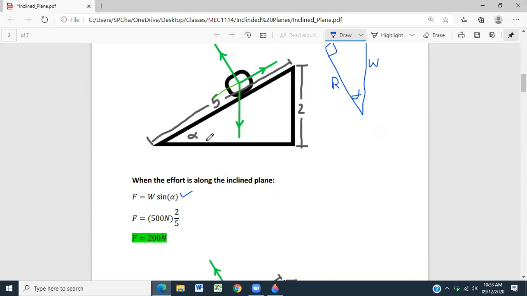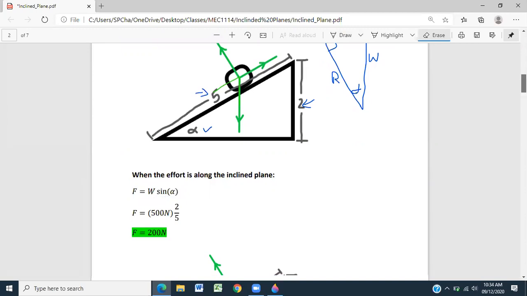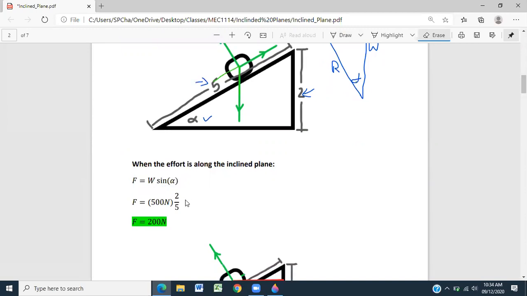So when you see a problem with the force pulling parallel to the inclined plane, just put this formula down, swap out what you need to swap out. Sometimes they give you the angle, or sometimes they give you the sides. But regardless, this will be the formula. Then you plug this into a calculator and you get 200 newtons. And that's it. That's part A of the question. Very easy.